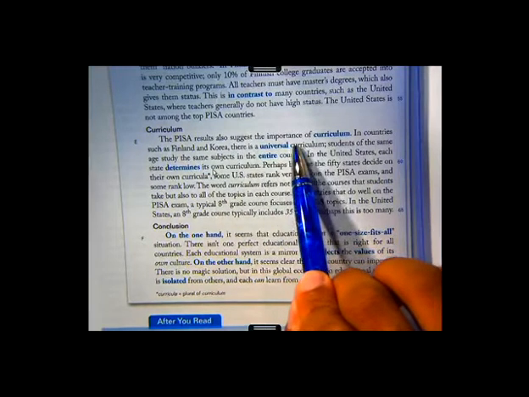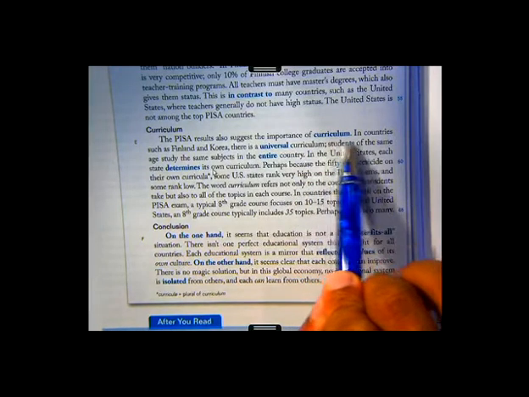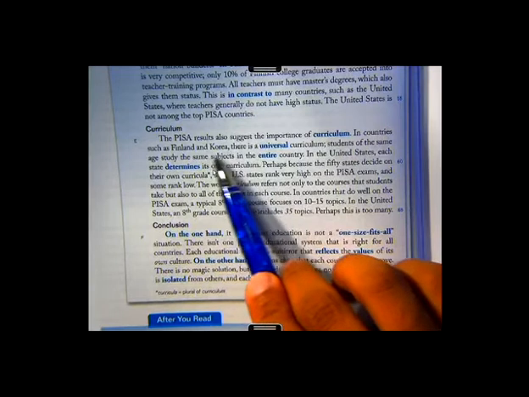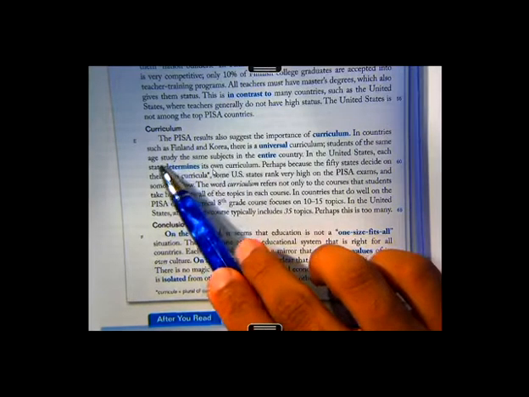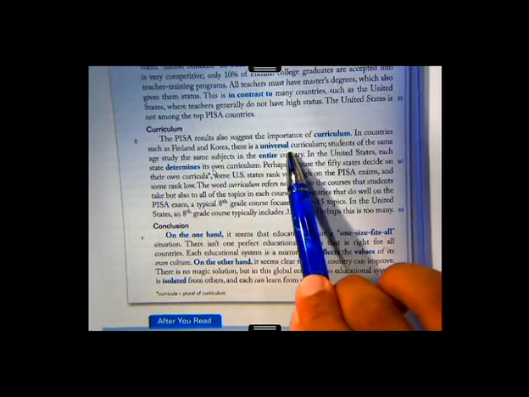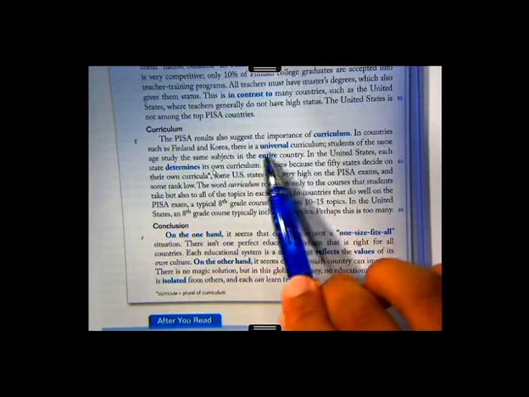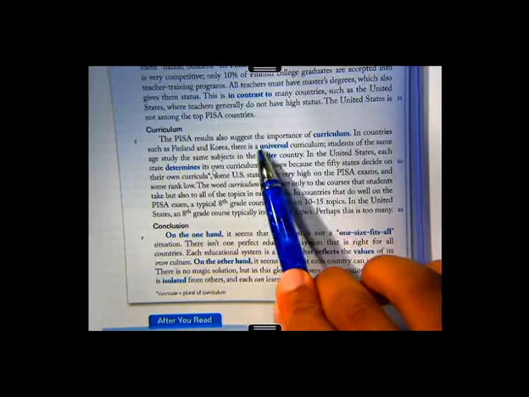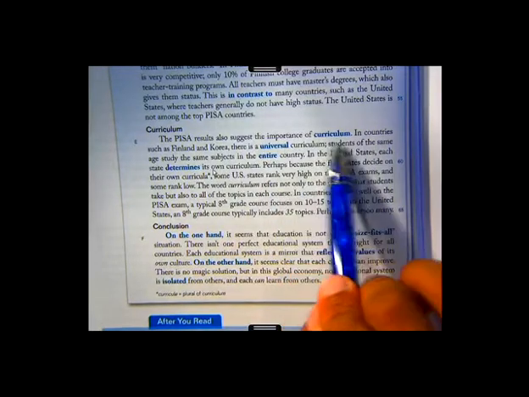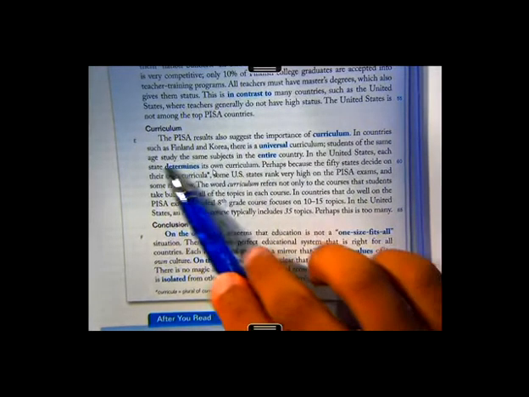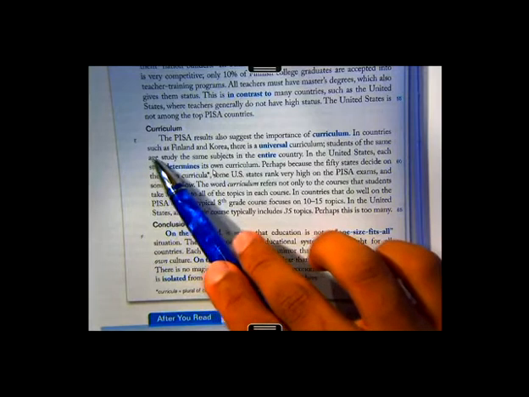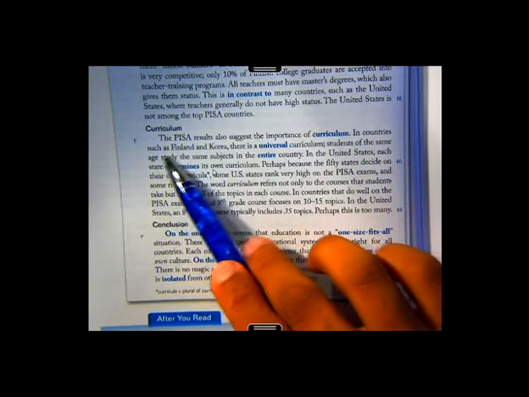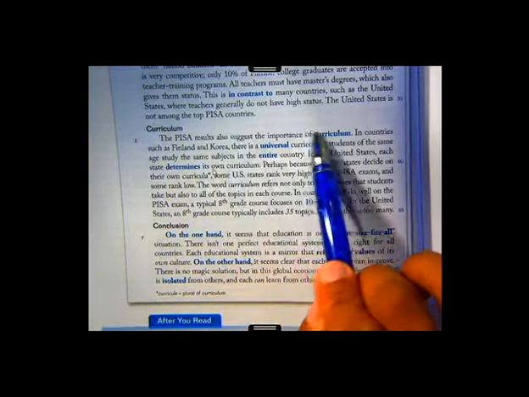What does that mean? Students of the same age study the same subjects. So this is experienced by everyone in the entire country. Right? So the correct answer is universal. What does that mean? Done or experienced by everyone in the same age group, basically.